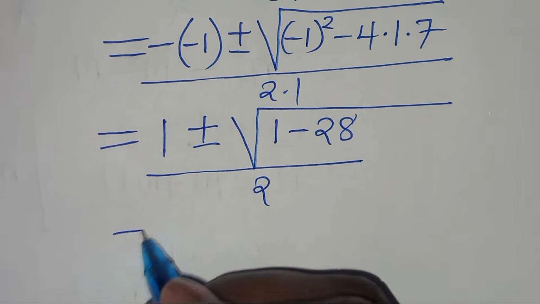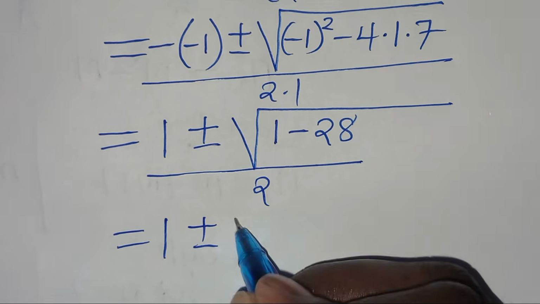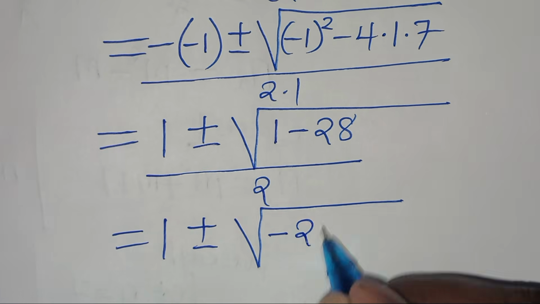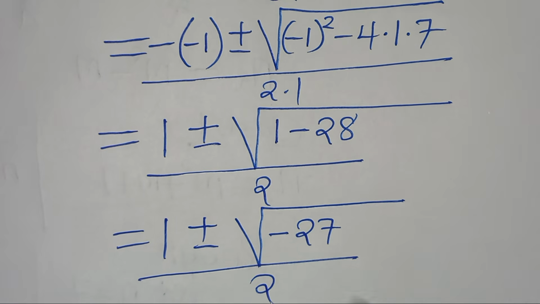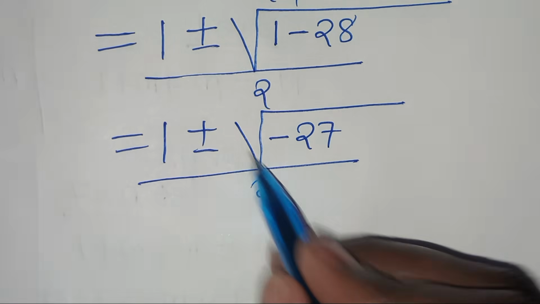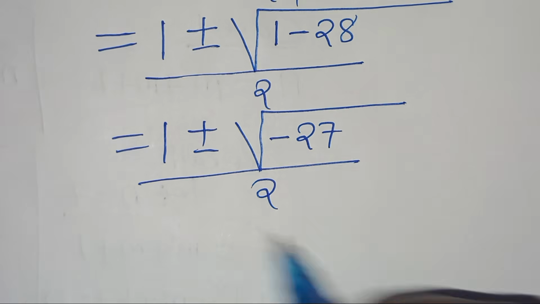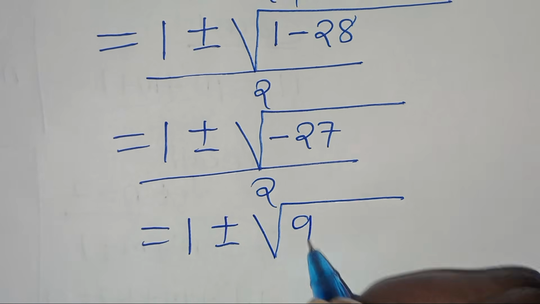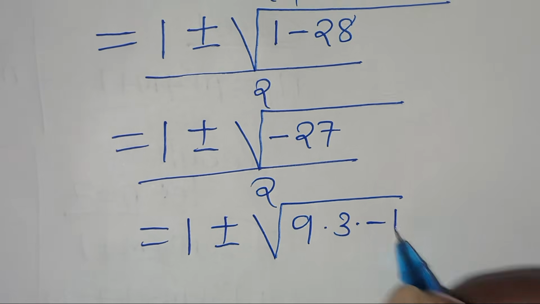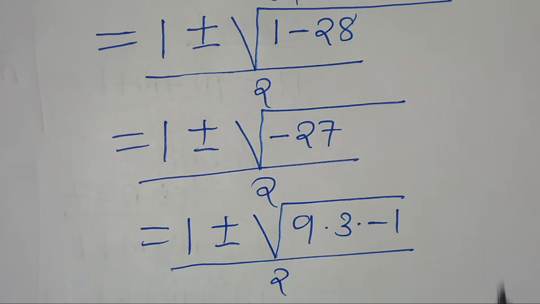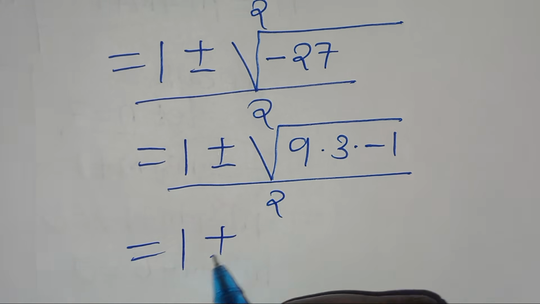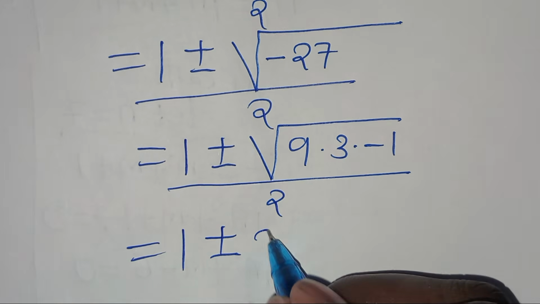Which means that we have 1 plus or minus the square root of 1 minus 28. This is minus 27 divided by 2. We can express the square root of minus 27. This is the same thing as square root of 9 times 3 times minus 1 divided by 2. Therefore, we have 1 plus or minus the square root of 9. This is 3.